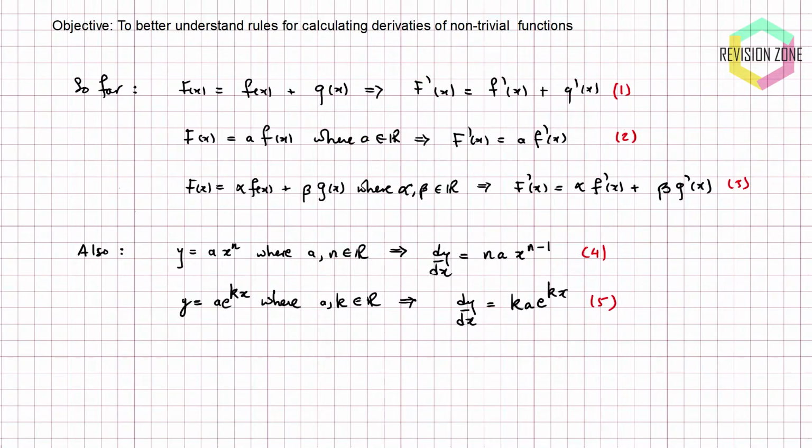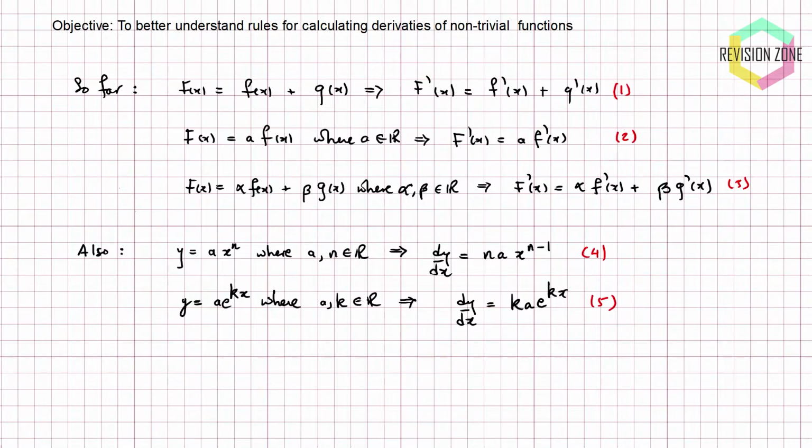Now, we've not seen Rule 3 so far, but Rule 3 is just a direct application of Rule 1 and Rule 2. When we combine Rules 1 and 2 together, we get Rule 3, which is: if you have a complicated function capital F made by taking two functions lowercase f and lowercase g and multiplying them by alpha and beta respectively and then adding them up, then the derivative of capital F is just the derivative of lowercase f and lowercase g multiplied by alpha and beta respectively, and then summed.